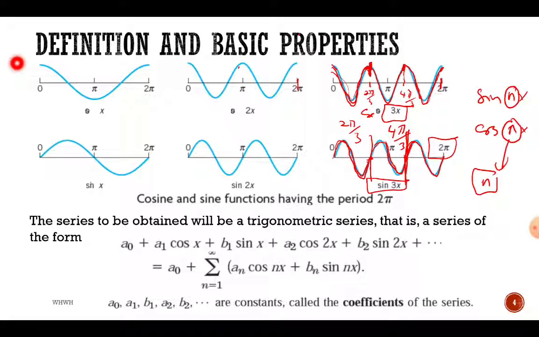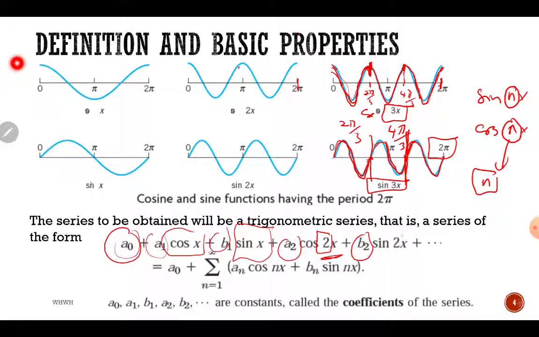Okay, so why do you need to understand this? Because in a Fourier series, the series that we obtain is a combination of A0 plus A1 cos x plus B1 sin x plus A2 cos 2x plus B2 sin 2x.